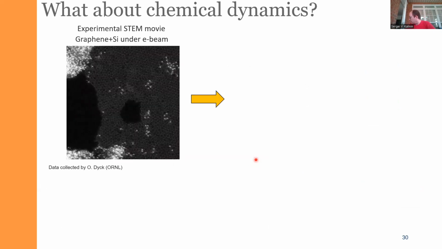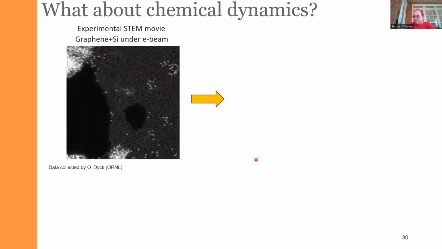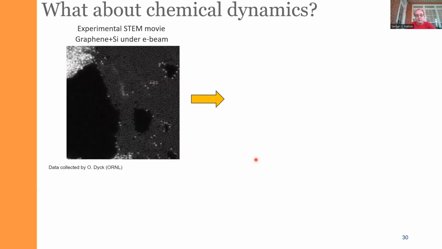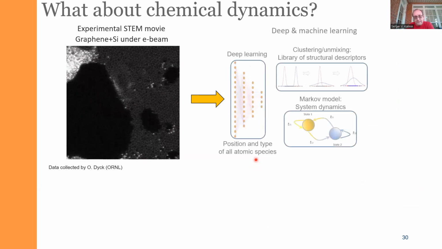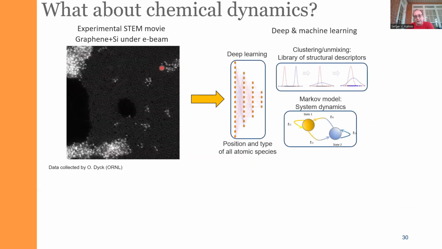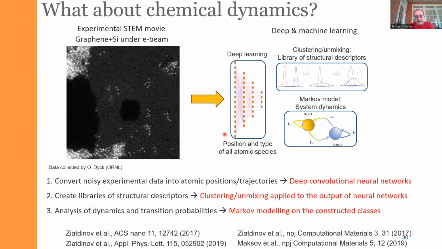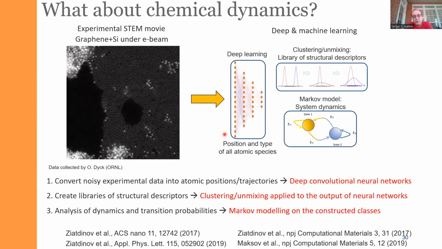So we're getting to the end of the lecture. Let's quickly look whether the same approaches work for chemistry. In this case, our data typically looks like this, and analysis of this data is a little bit more complicated.